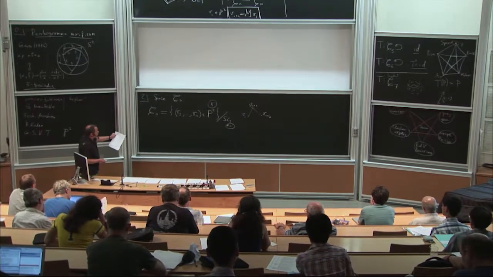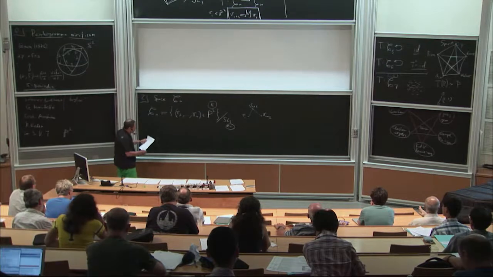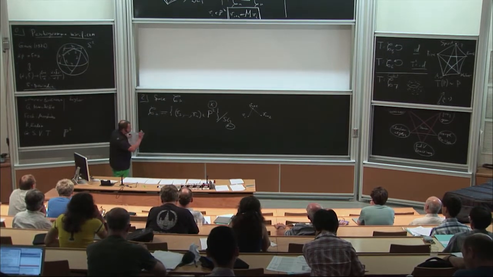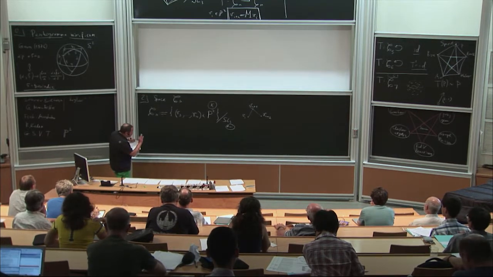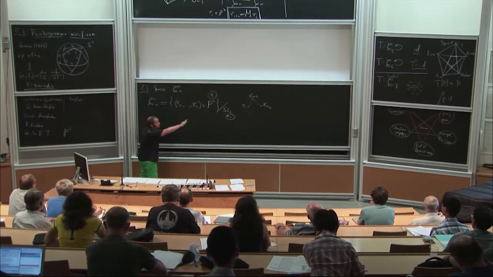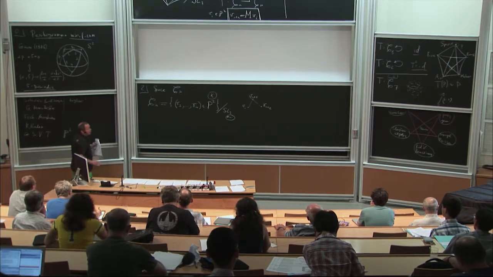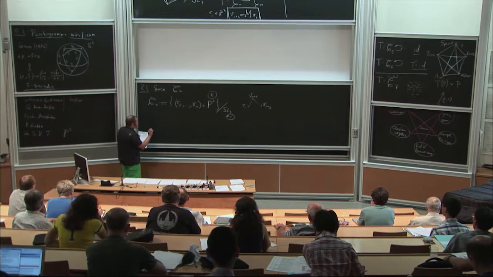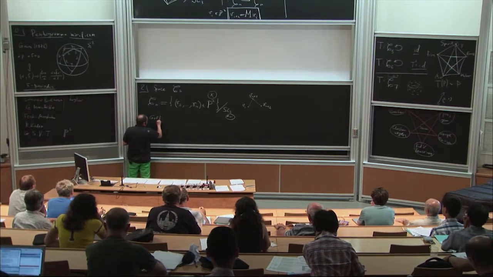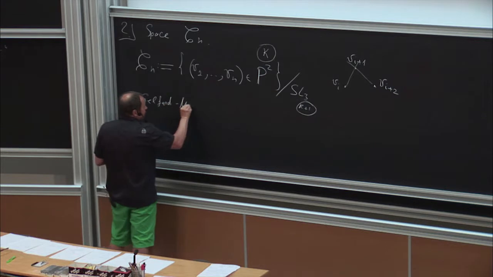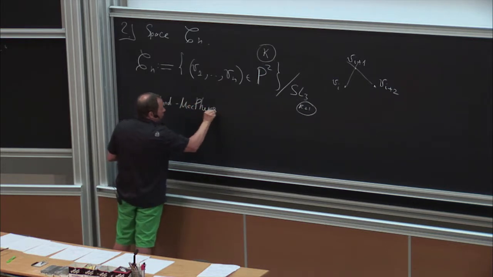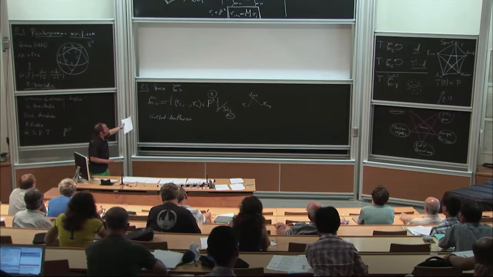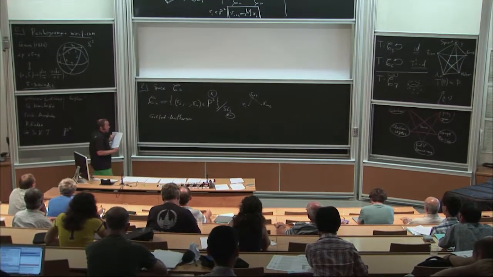So this is the only restriction. This manifold actually has a famous story. Manifolds of this kind, subject to some conditions of non-degeneracy, were studied by many people, for instance by Gelfand and Macpherson, who showed that it is related to the Grassmannian.